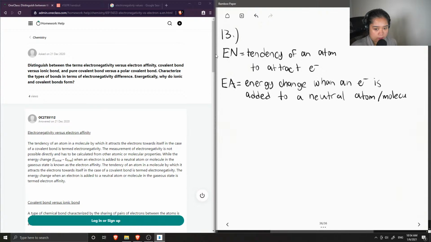So these are the definitions of the two terms.